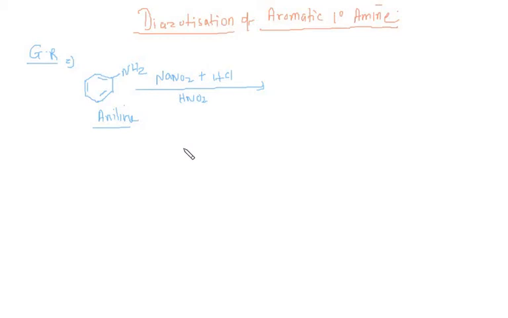HNO2. In this video I'm going to tell you why we take the NaNO2 plus HCl mixture. The purpose is to generate HNO2, and along with this NaCl is also formed. Let's see the explanation. NaNO2 is a salt of a strong base and a weak acid.